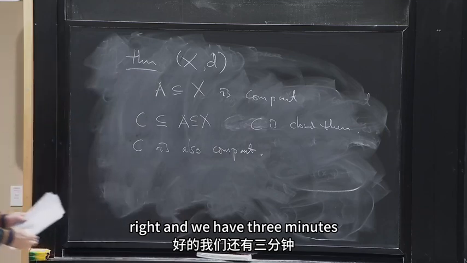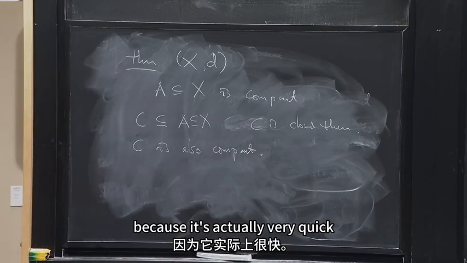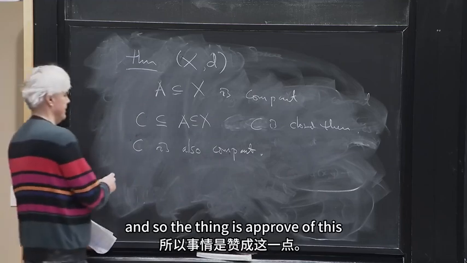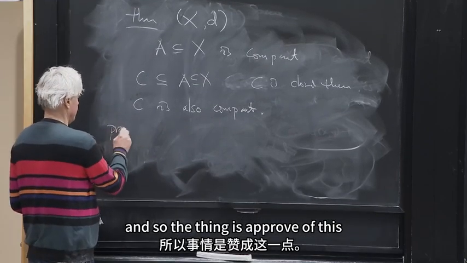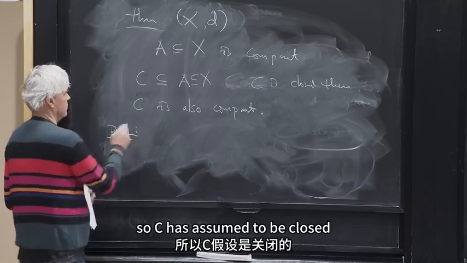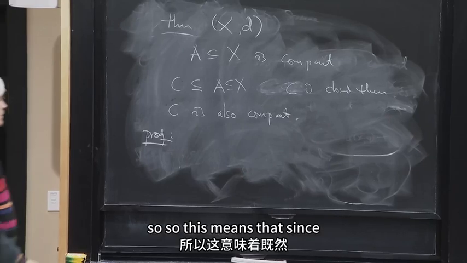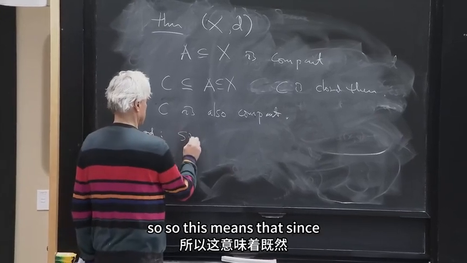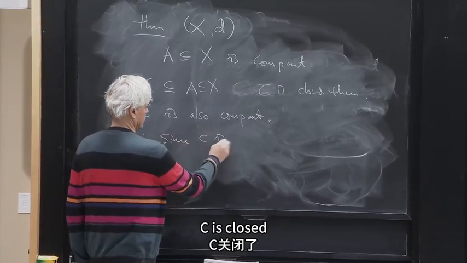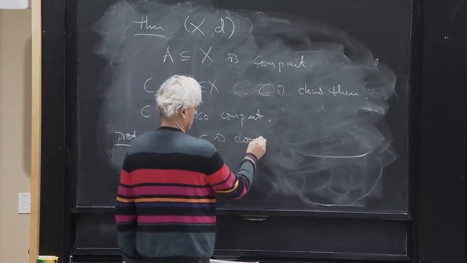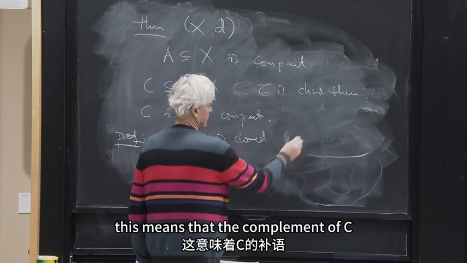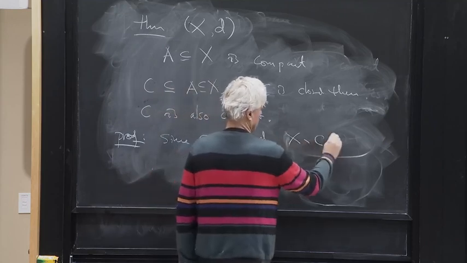Right, and we have 3 minutes, and we don't need 3 minutes because it's actually very quick. So the proof of this: C here is assumed to be closed, so this means that the complement of C is open.